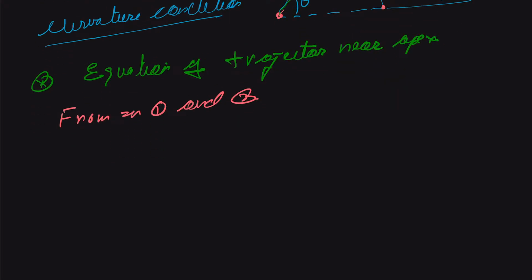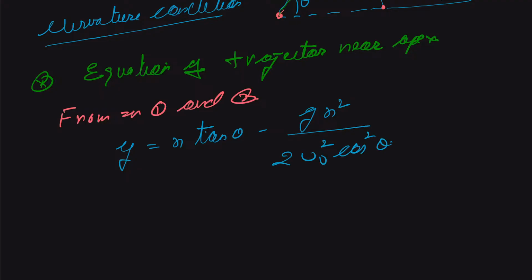So we can write the equation of trajectory: y is equal to x tangent of theta minus g x square upon 2 v naught square cos square theta.